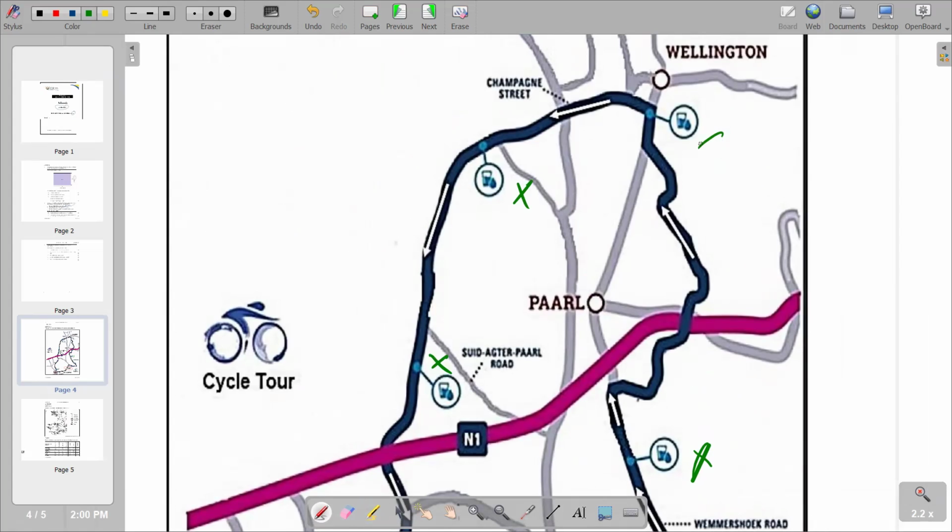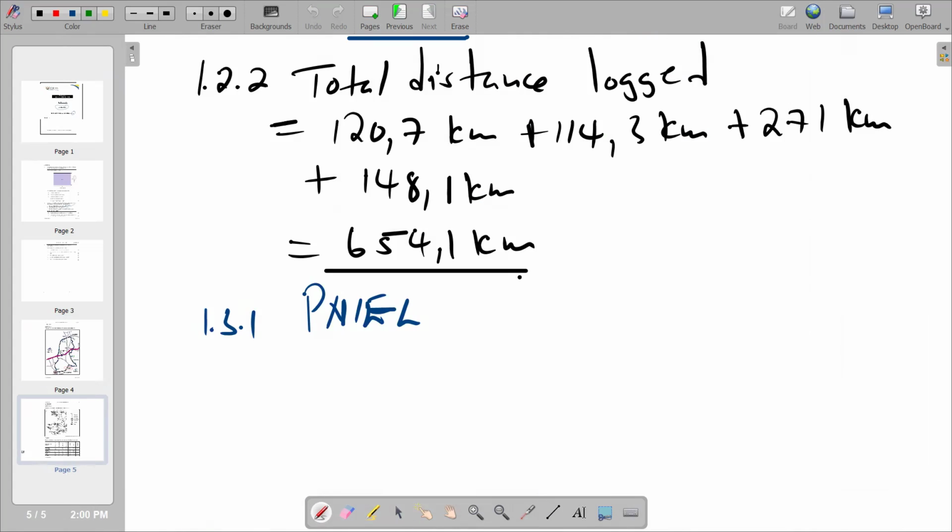So we have 5 water points. So with that, we can move on to the next question.